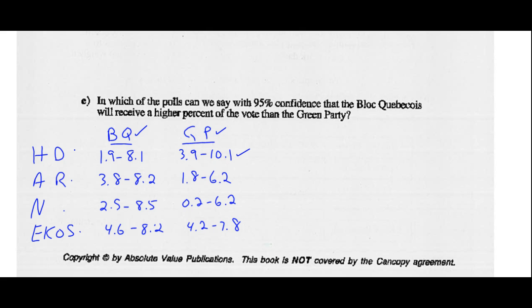There's overlap between the lowest and highest. We see overlap in this one. We see overlap in that one. And we see overlap in this one. So we would say in none of these. None of the polls could we say with 95% confidence that the Bloc Québécois will receive a higher percent of votes than the Green Party.